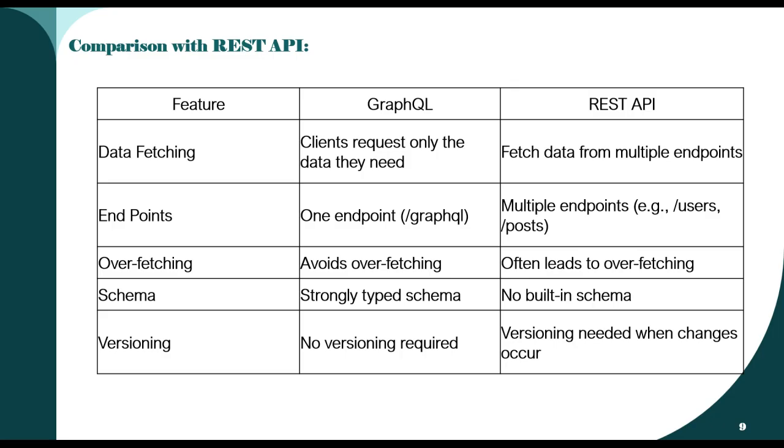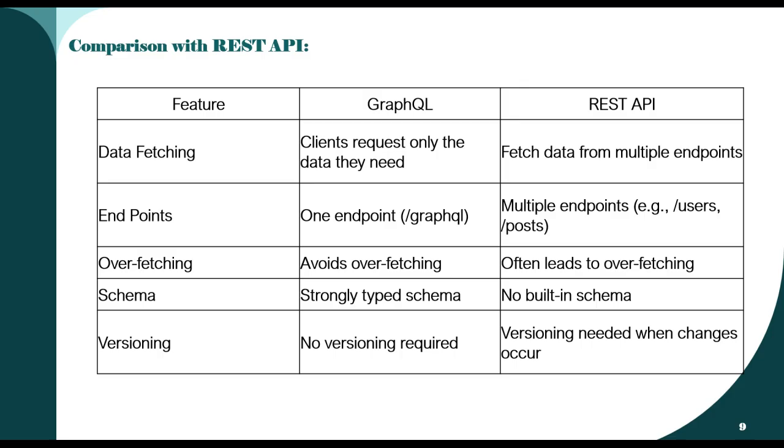Overfetching: in GraphQL there is much less overfetching, so that's the benefit. But in REST API you often have to unnecessarily get data which is not required as well. Schema: GraphQL is strongly schema-typed, so it runs according to the rules and is able to understand exactly what went wrong.